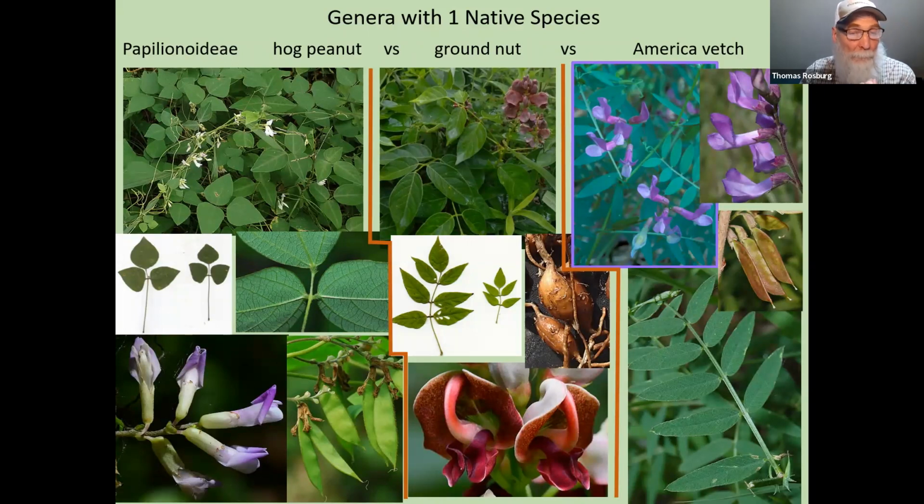What makes this pinnately trifoliate is that the terminal leaflet right here has a petiolule, that's the stem of the leaflet, that's easily much longer than the petiolules of the lateral leaflets. And you can really see it here.